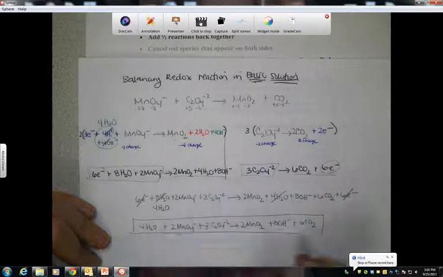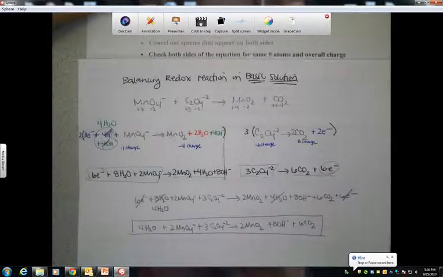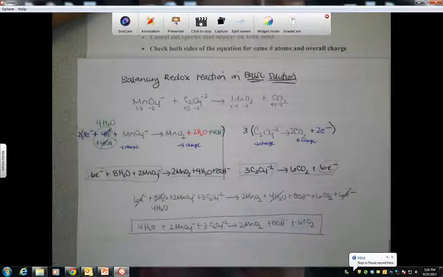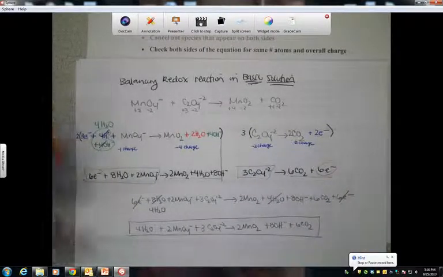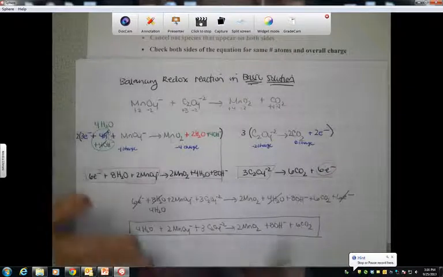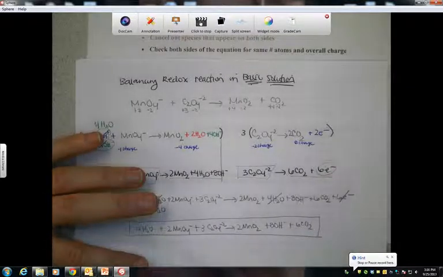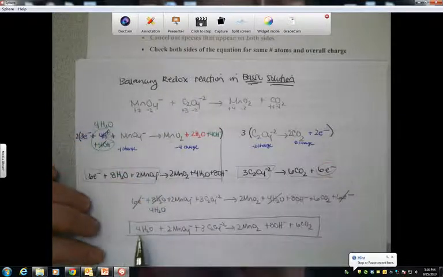And the very last step, of course, is to check both sides of the equation for the same number of atoms and overall charge. You want to make sure that the charge adds up on both sides, and that the number of atoms adds up. So double check that you have 8 hydrogens here, and 8 hydrogens here. You have 4 plus 8 plus 12 oxygens.